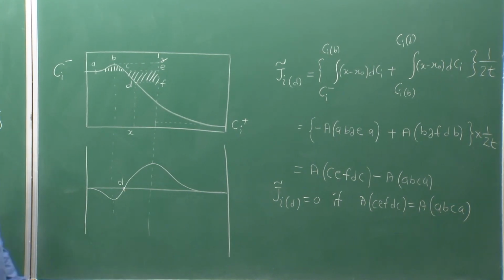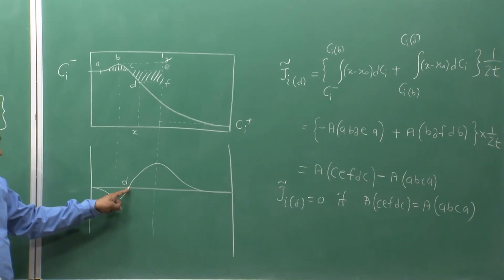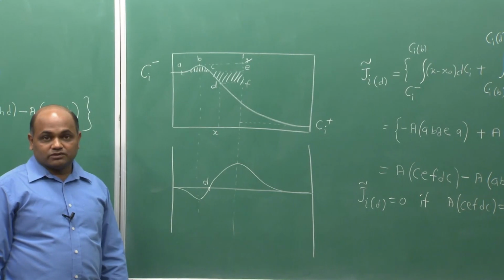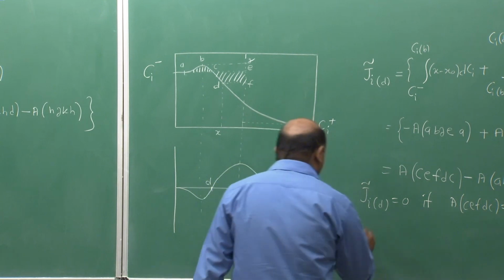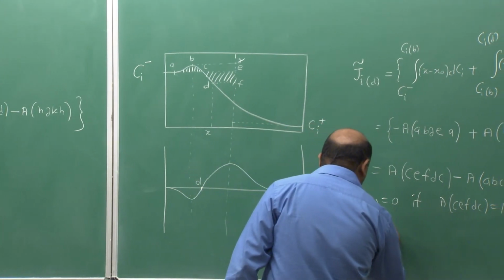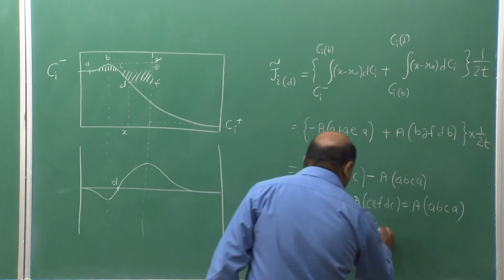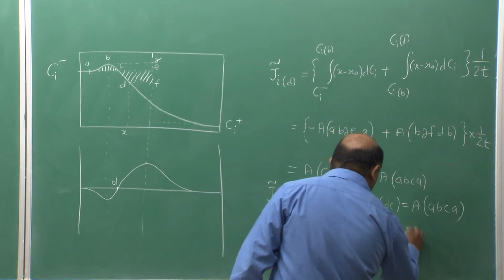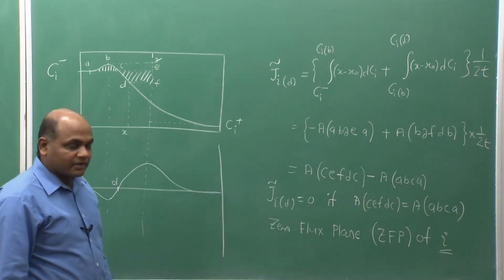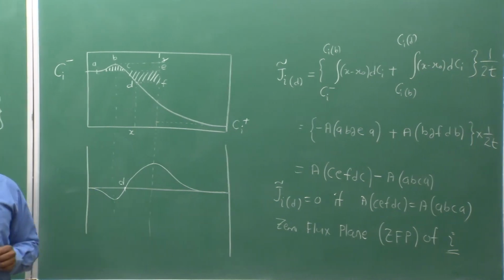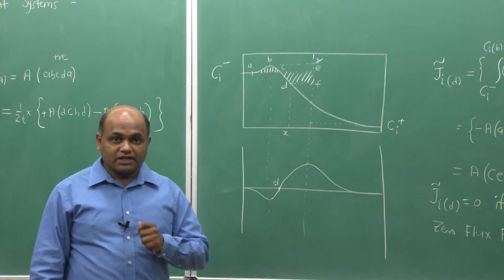You can see in this particular case the flux is actually going to 0 within the diffusion zone, and this is called a zero flux plane for component I. And these ZFPs are special features because they indicate there exist strong diffusional interactions.